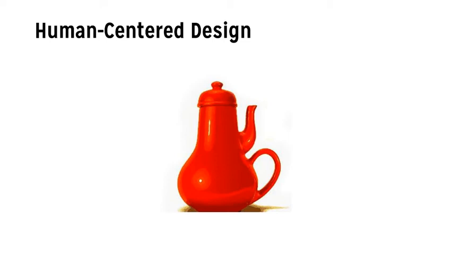You have the handle and the spout on the same side, which is going to make it incredibly difficult for somebody to pour tea out of it. So for human-centered design, you have to have an understanding of how a human would interact with things and make decisions for your design based on that.